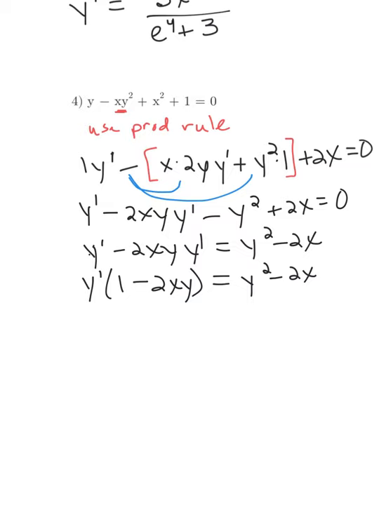To get the y prime by itself, I'm going to divide by the quantity on both sides. So y prime will equal y squared minus 2x divided by 1 minus 2xy. You cannot simplify those two x's because they are being subtracted from the other items. That is your final answer.